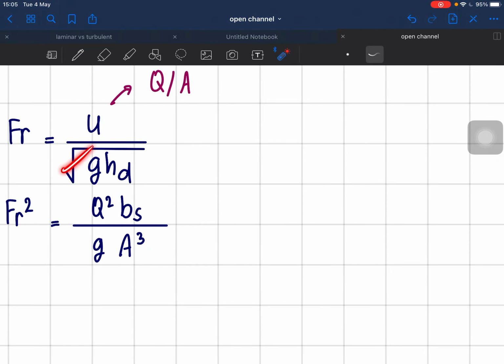So this will be out, g is right here, and it would be something. Okay, HD equals to A over B.